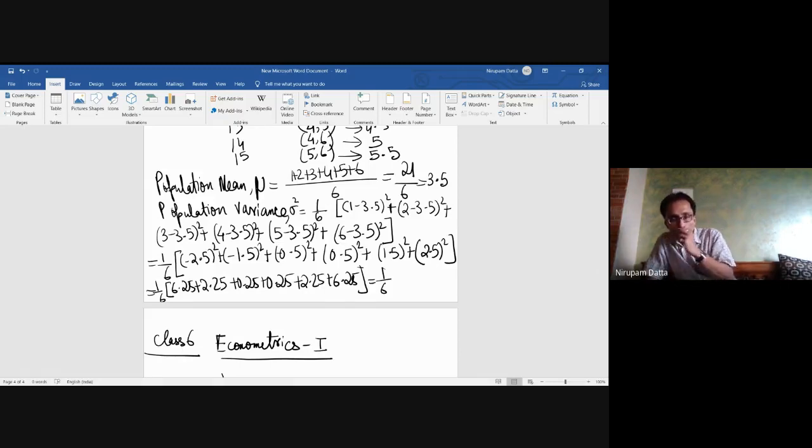Then 0.25 plus 0.25 is 0.5. So 8.5 plus 0.5 is 9, plus 2.25, plus 6.25, that is 17.5. So 17.5 divided by 6 is 2.917.